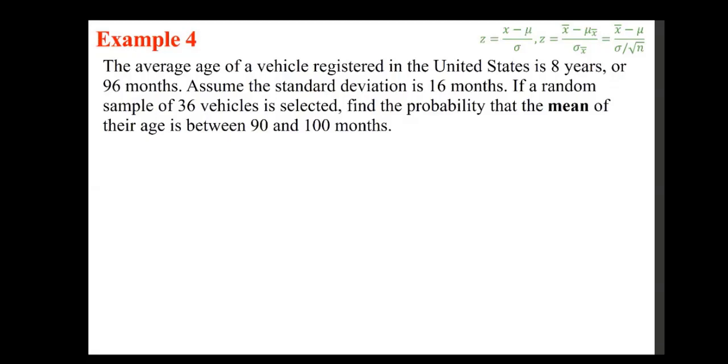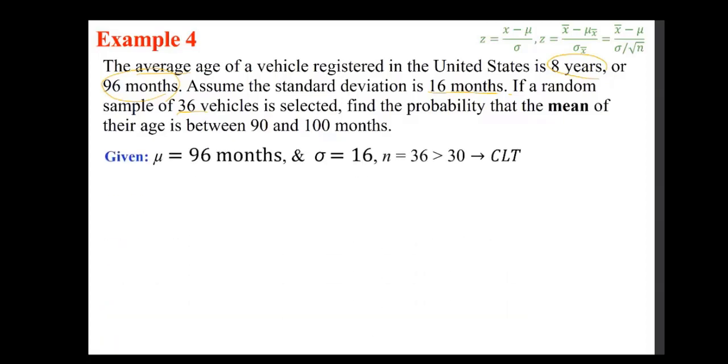The average age, that means the mean, is 8 years, or 96 months. So that's mu. We are assuming the standard deviation is 16. That's sigma. A random sample of 36 vehicles. N is 36. And it's larger than 30.